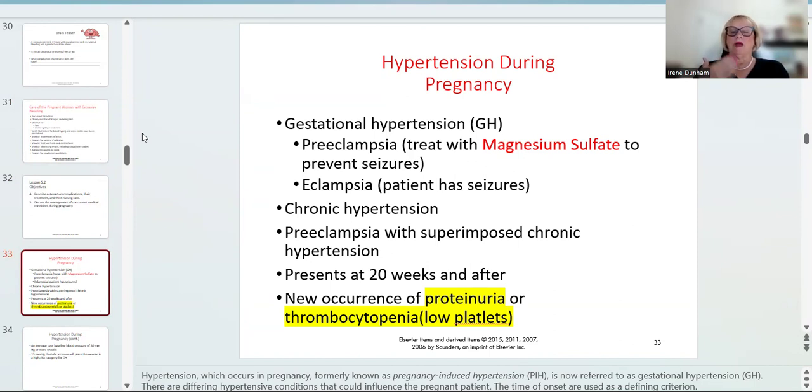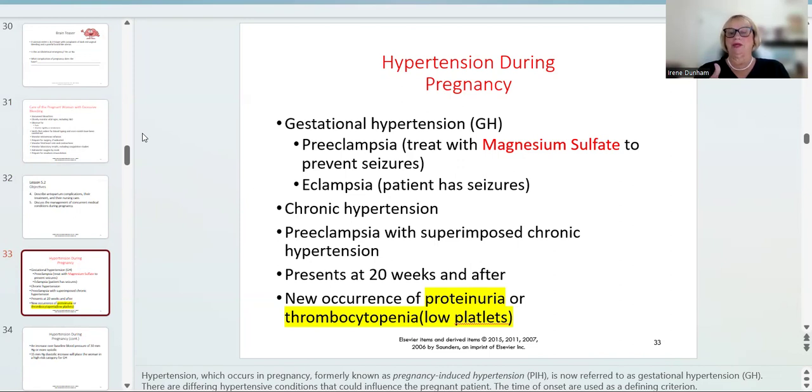Write that down so you don't think you're giving it to the preeclamptic patient for her blood pressure. No. But when you take down the central nervous system, are you not taking down blood pressure? Yeah. But we don't give it for the blood pressure. We give it to prevent a seizure. Everybody got that? Okay.